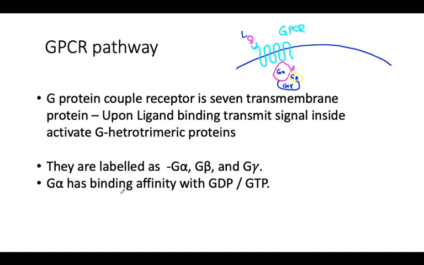G alpha has a binding affinity with both GDP and GTP. Obviously, in its inactive form, G alpha remains bound to GDP. But once G alpha is bound with GTP, it is responsible for almost the same mechanism as we have noticed in RAS.